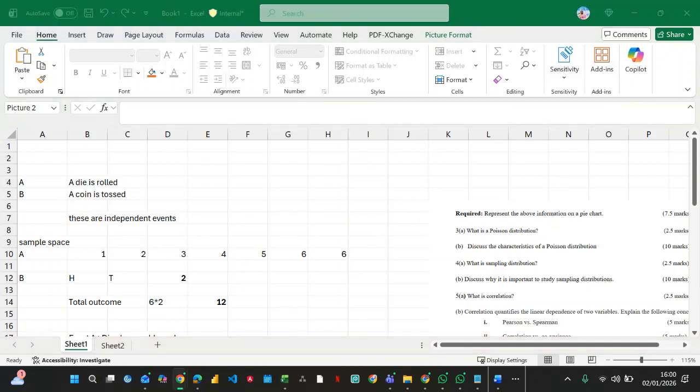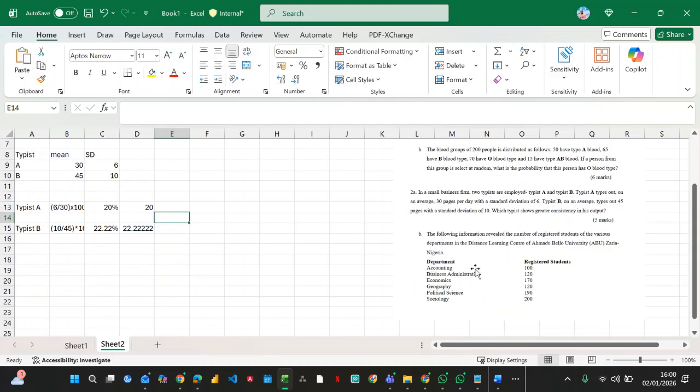y is equal to ax plus b. So y is the dependent variable, while x is the independent variable, right? But it's not that simple to solve because we need to do some heavy calculations.